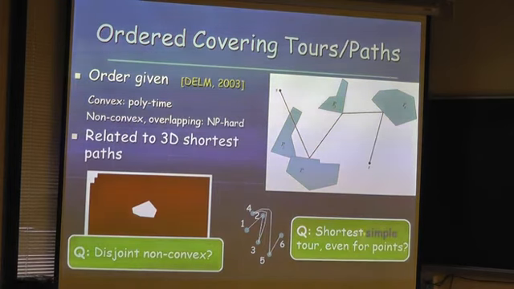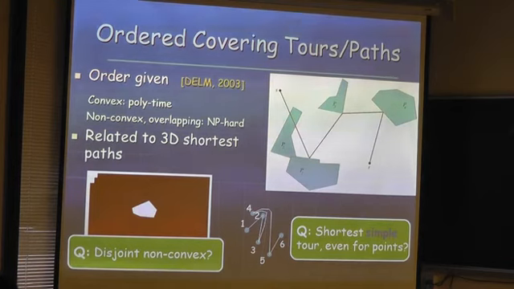What if I want the shortest simple tour? So a simple path, or a simple cycle. So you can go from 1 to 2 to 3, but you're not allowed to go directly from 3 to 4 because that would self-intersect. You will have to go around to 4 and then around to 5 and to 6. I'm giving you the order.